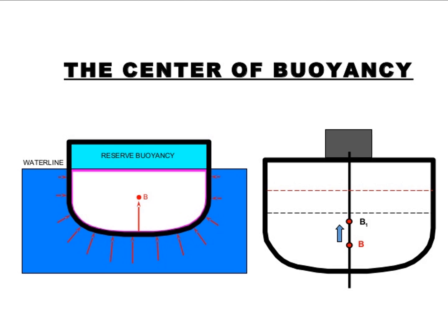The center of gravity of the floating body and the center of buoyancy are in the same vertical line. The point through which the force of buoyancy is supposed to act is known as the center of buoyancy.